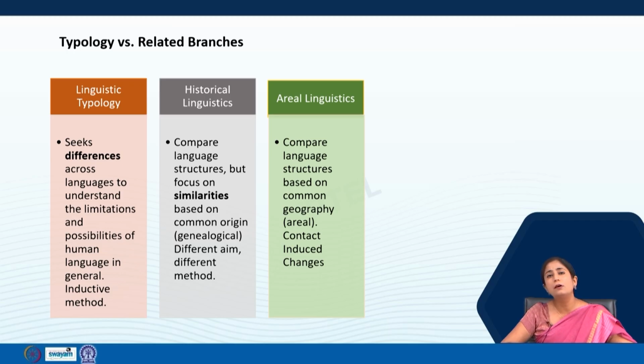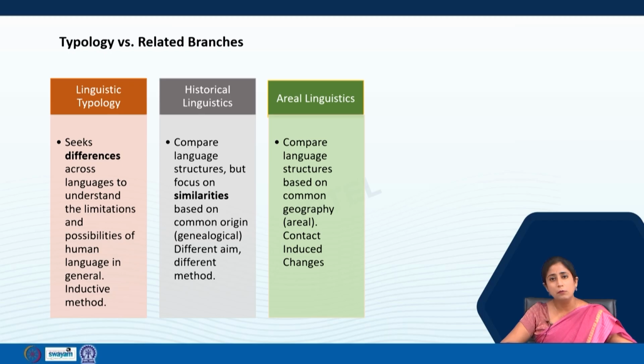And when we talk about areal linguistics, we see that areal linguistics compares language structures based on common geography, where in the same region there are different languages being spoken. We try to find the common features present there because they are in the same geography.